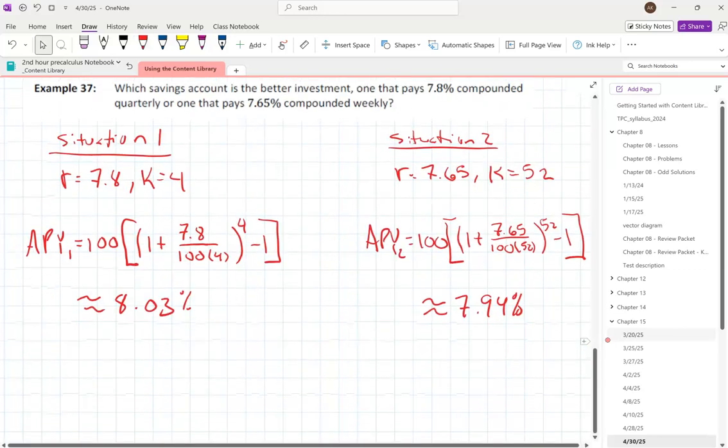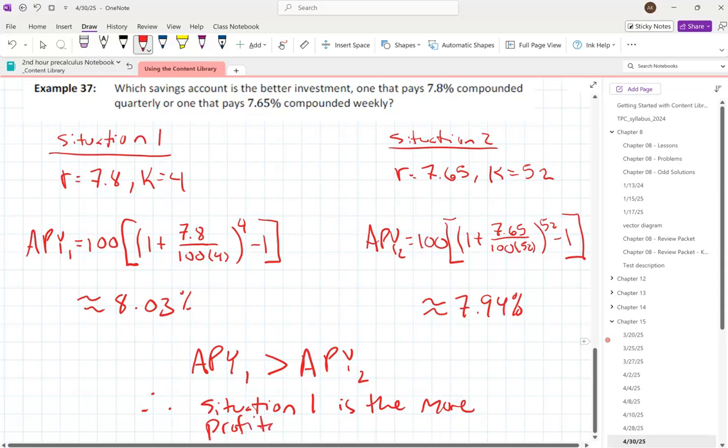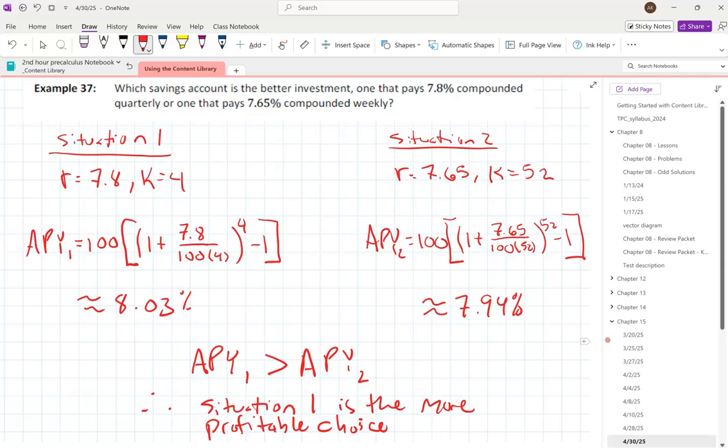So which investment is better? Situation one would be the more profitable choice, right? When it's an investment, you want the bigger percentage. If it's a loan, you want the lower percentage. So the situation matters, right?